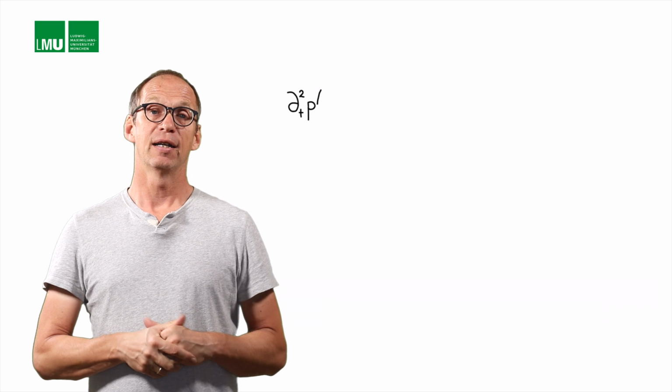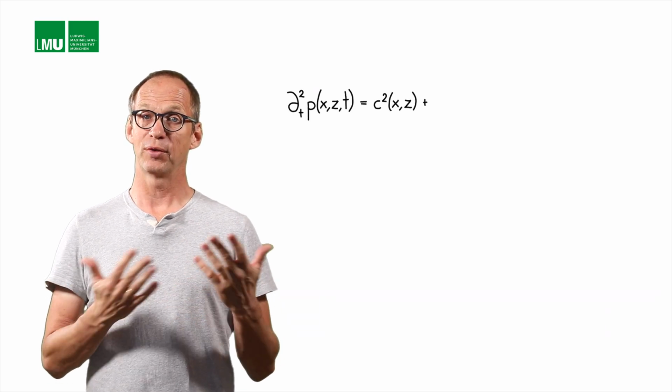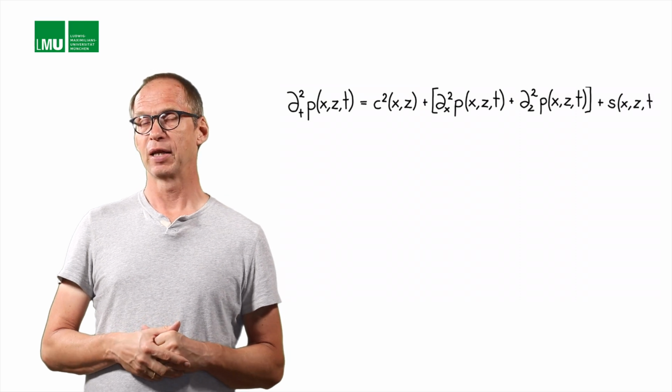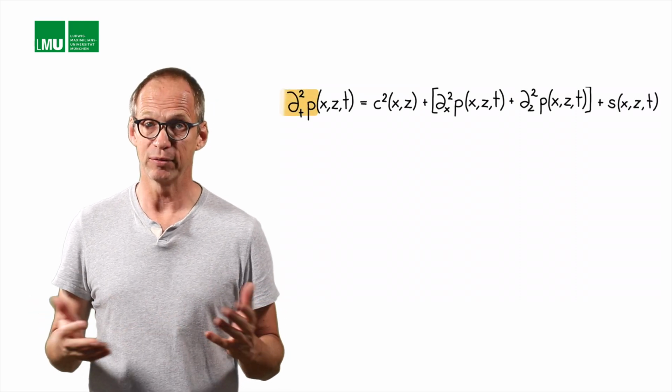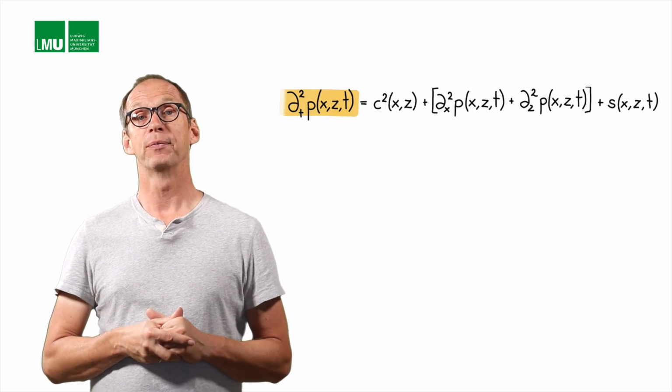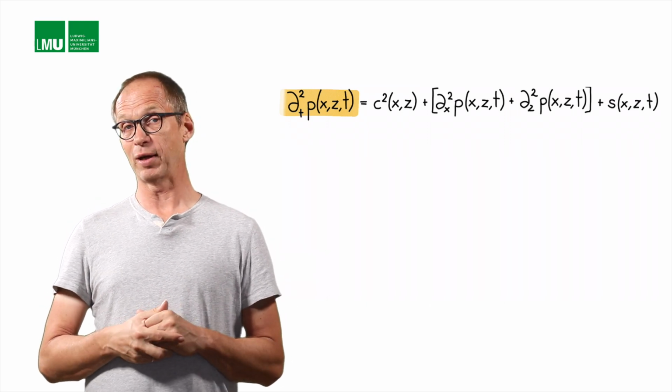So let's first write down the wave equation again in its discrete version, and we have the partial derivatives on both sides of the equal sign. Let's start with the time derivative. That's actually straightforward. It's exactly the same procedure as was the case in one dimension.